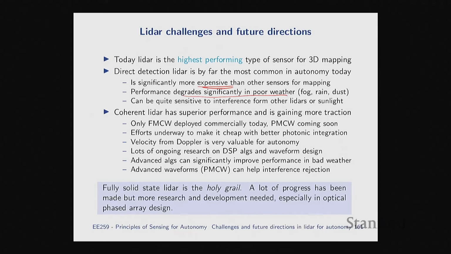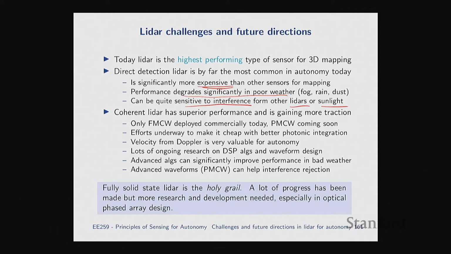If there's fog, dust, rain, snow, those conditions can significantly degrade it. Also, at least direct detection LiDAR can be quite sensitive to interference, either from other LiDARs or sunlight or any in-band interference. Some of these LiDARs, even if you have two of them operating in close proximity, kind of blind each other because of the strong interference.